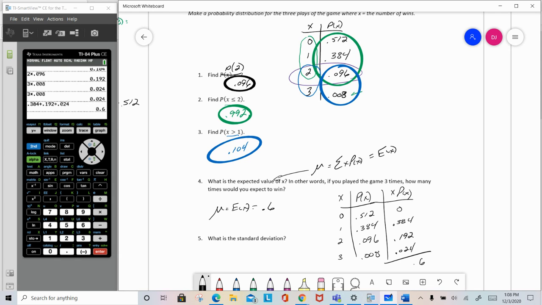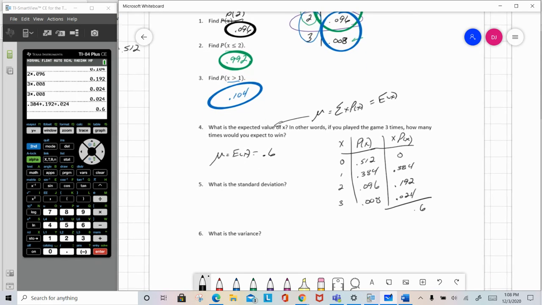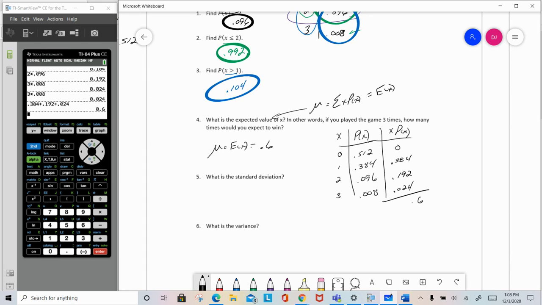Now, as far as the standard deviation, I've given you the formula, but I've also mentioned here's what I want to do on the calculator, okay? So on the calculator, I'm going to go to Stat, Edit, and let's clear those lists.